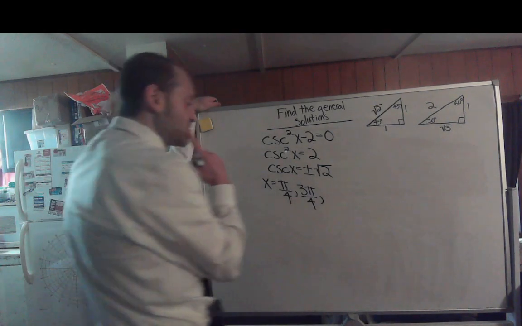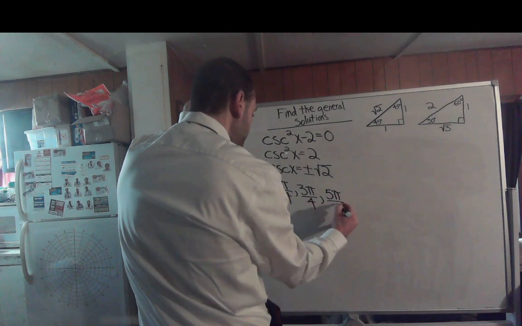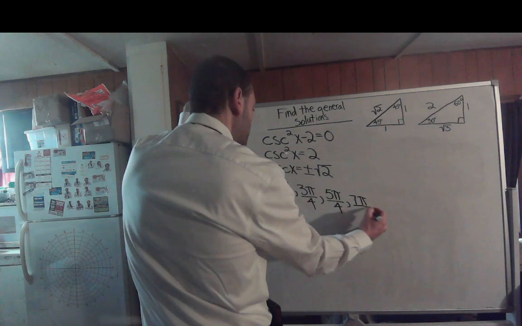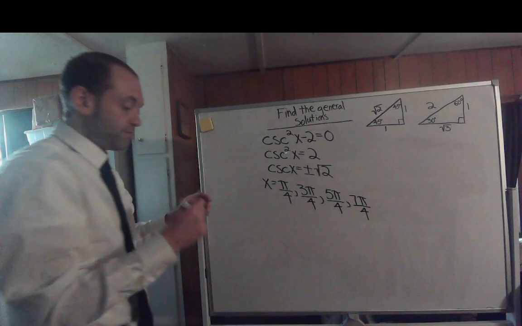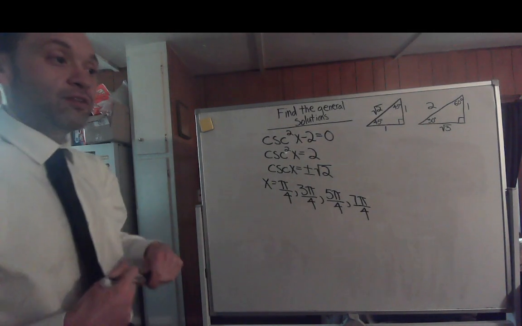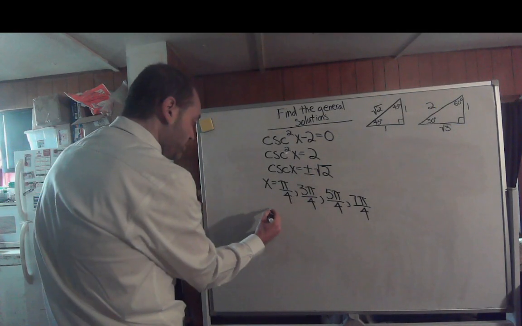And then you would also have 5 pi over 4 and 7 pi over 4. And it looks like we have 4 general solutions, but really you only have one that will account for all 4 of them.